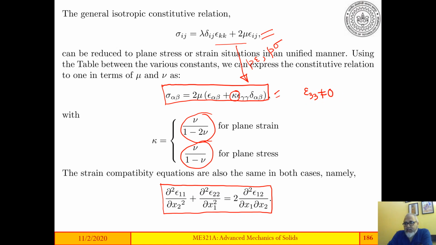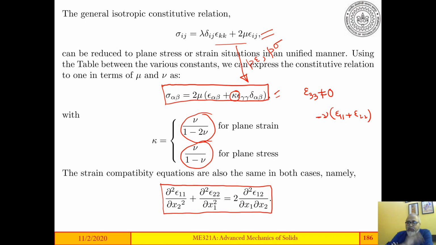And epsilon 3 3, like in the plane strain case, is also dependent on epsilon 1 1 and epsilon 2 2. In fact, it is, I think, minus nu times epsilon 1 1 plus epsilon 2 2. So it's not independent. It's dependent on epsilon 1 1 and epsilon 2 2. But in plane stress, the out-of-plane strains are not all 0. In plane strain, the out-of-plane stresses are not all 0.